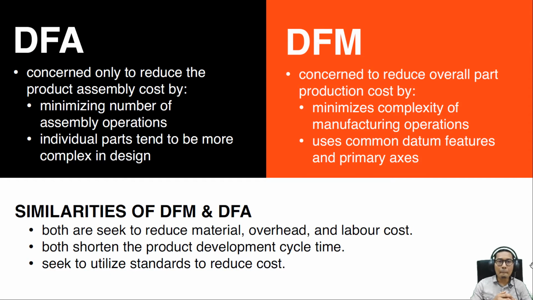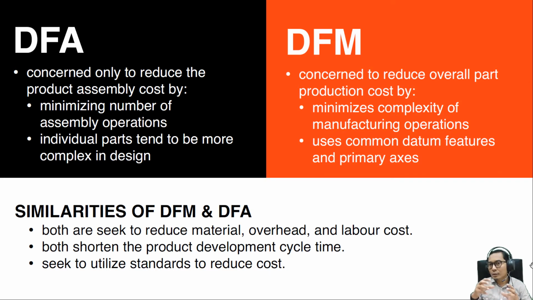So we talk a lot about DFA and also DFM. So again, DFA concerns only reducing the product assembly cost by doing a few actions like minimizing the number of assembly operations, and individual parts tend to be more complex in design.